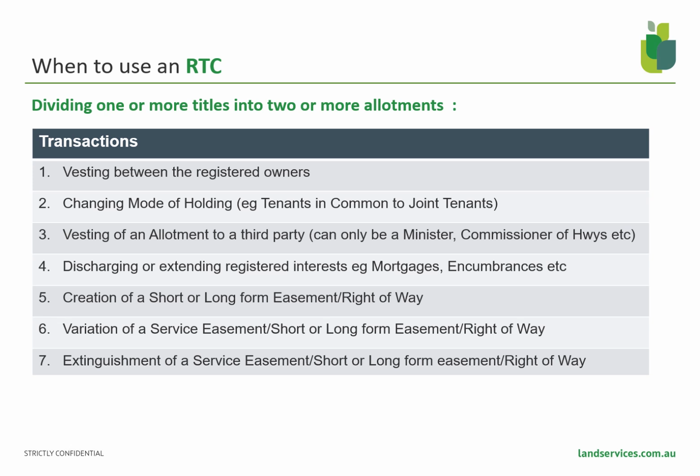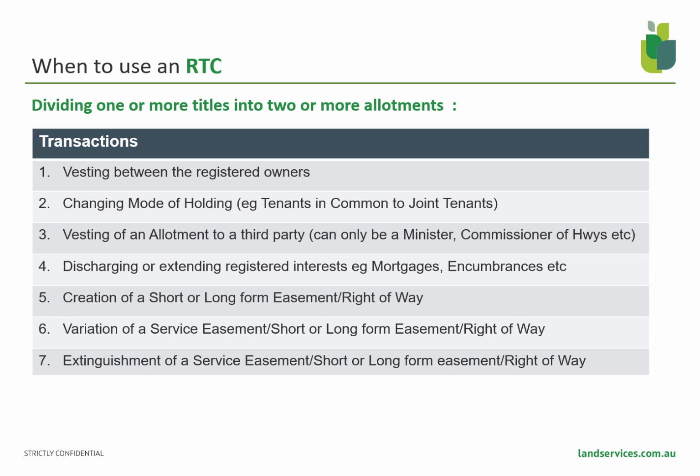Fourthly, the registered interests, being mortgages, encumbrances, etc., can be adjusted within the consent form. For example, if a mortgage may need to be extended to cover other land, or if a mortgage is going to be fully discharged, this can be done in the consent form without the need to do a separate discharge document.